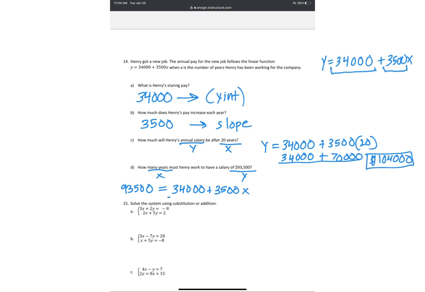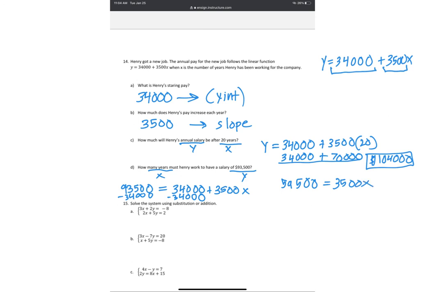So I'm going to subtract that 34,000 from both sides. And we end up with 59,500. That equals our 3,500x.